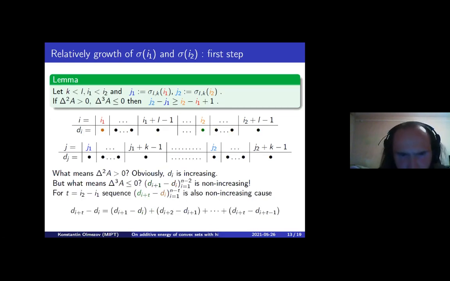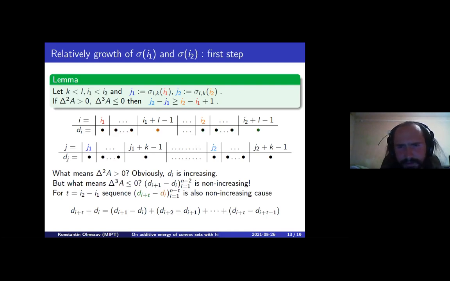It is very important, and it is also true for differences between di that have a fixed distance in indexes. We can see this on the slide.